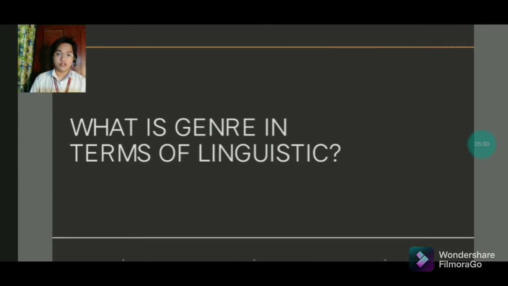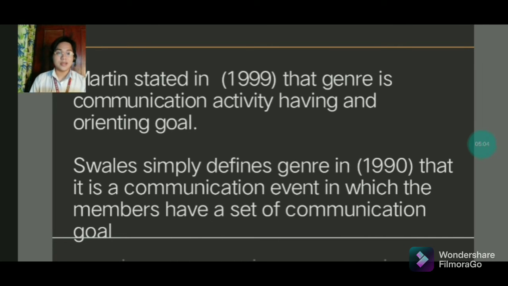So what is genre in terms of linguistics? Martin stated in 1999 that genre is a communication activity having an orienting goal, while Swales simply defines genre in 1990 as a communication event in which the members have a set of communication goals. Communication goals are specific targets for communicating information and knowledge.